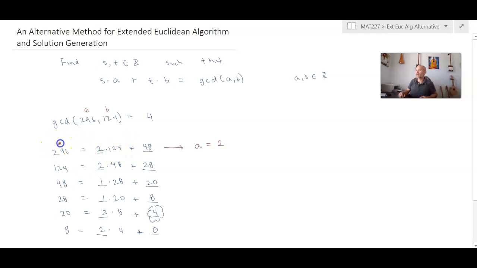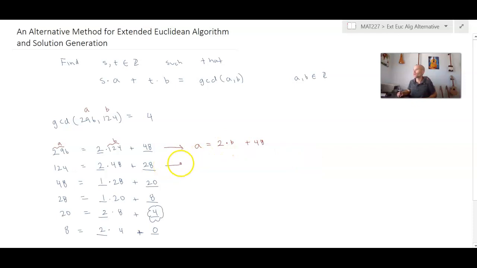So anywhere we see 296 and 124, we're going to represent those with a and b. Now I actually get an algebraic equation, and it's going to be a little bit easier to manipulate because I'm working with a's and b's and I can focus on combining like terms.